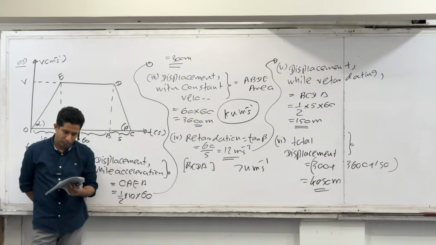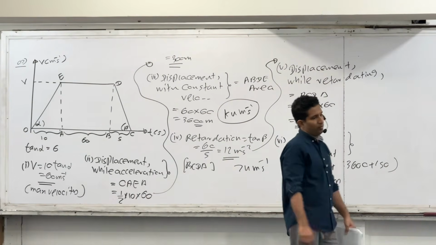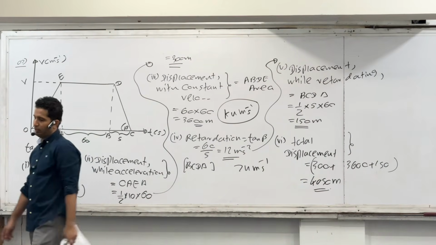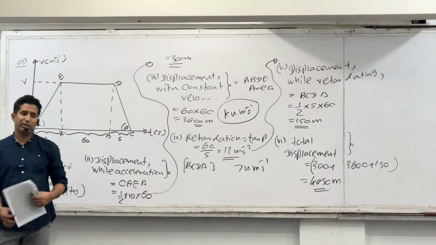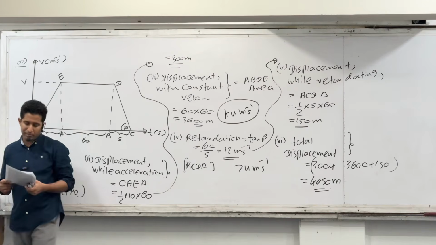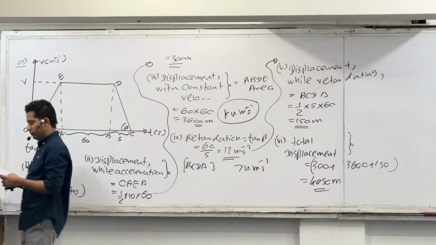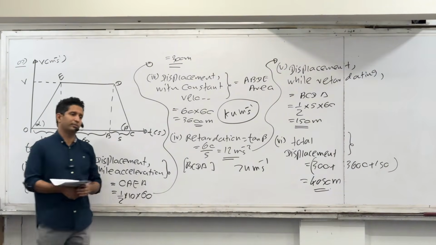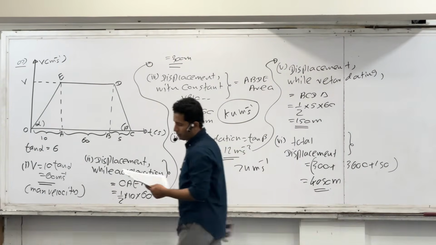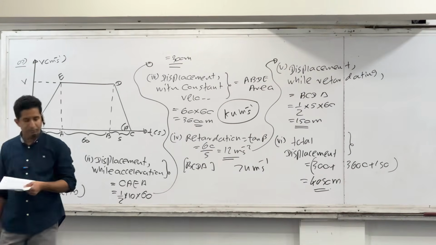Problem number 2. When the displacement is 5 meters, find the time taken and the velocity attained. Problem number 3.